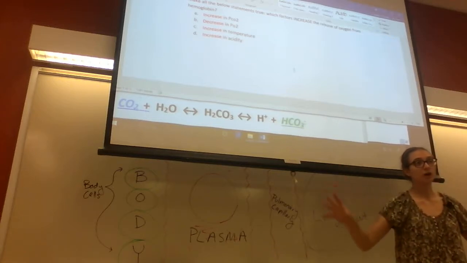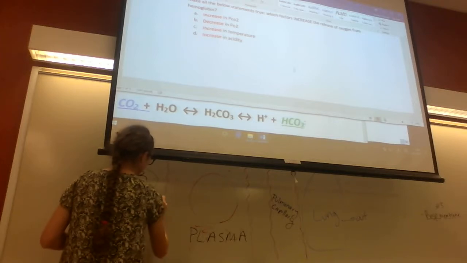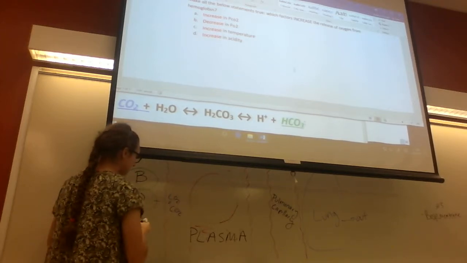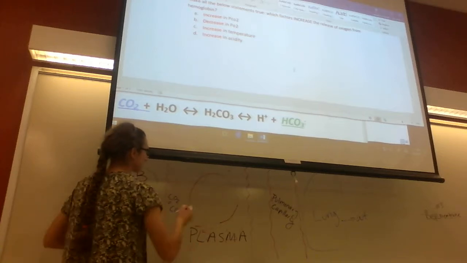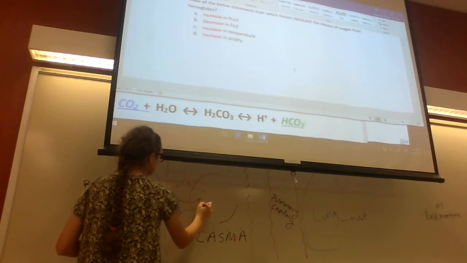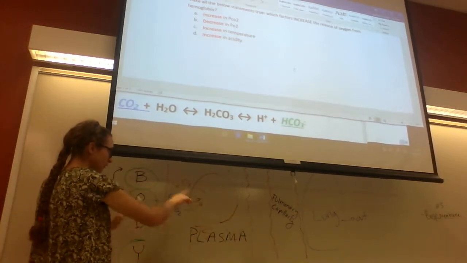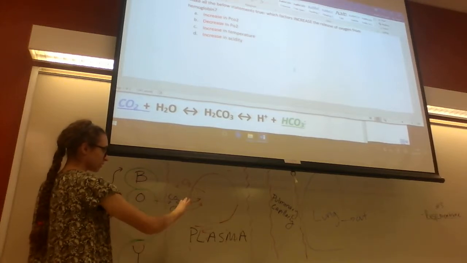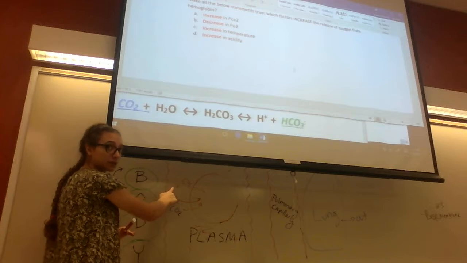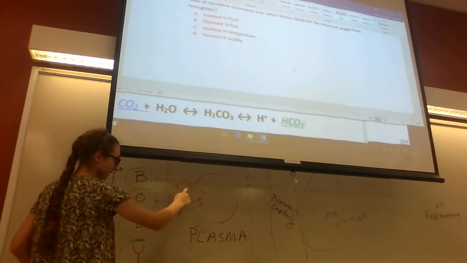When you have a lot of carbon dioxide in your body cells, it goes into your plasma, and your red blood cell is going to get rid of oxygen a lot faster because it wants to take carbon dioxide in order to get rid of it. So if you have a bunch of carbon dioxide, oxygen dissociation is going to be a lot faster. So an increase in this increases that.